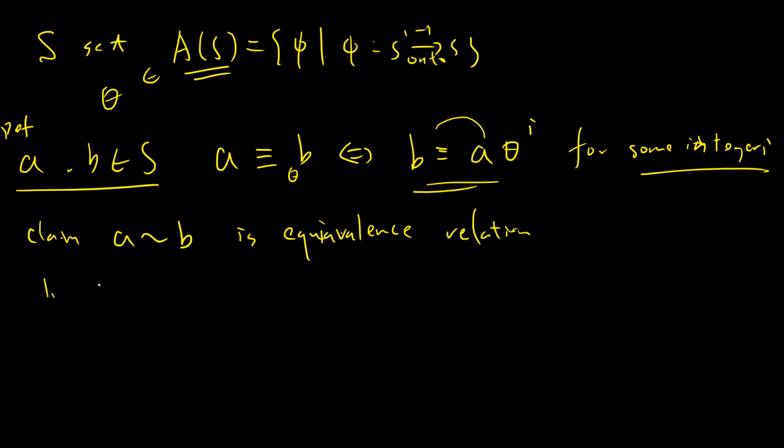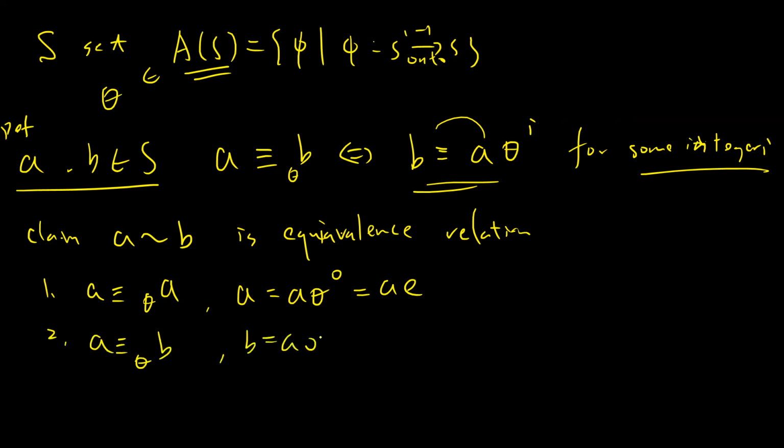Okay, so the first proof: a is a theta-equivalent to a, because a is just a theta^0, which is a identity. The second is that if a is theta-equivalent to b, and b is a theta^i, then you can just write a is b theta^(-i), which tells you that b is theta-equivalent to a.